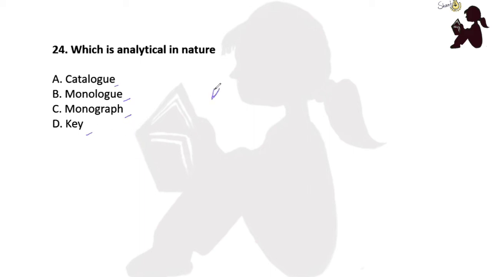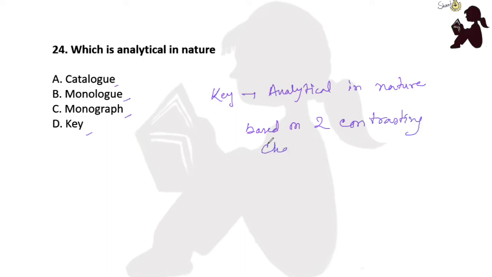So we know that key is analytical in nature, as it is based on two contrasting characters. Okay, so these are analytical in nature, and these two contrasting characters are known as couplet.